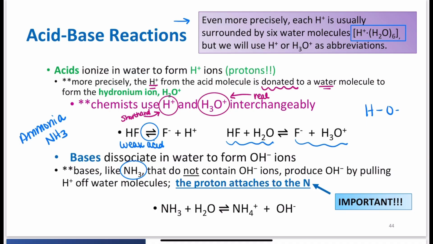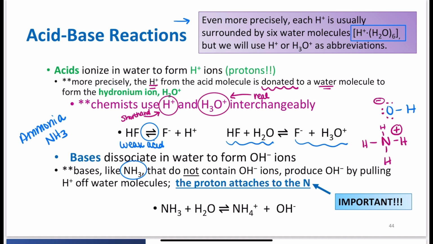So if you've got a water molecule and the ammonia comes along and it steals that proton, so now what it's got down here is the NH4. This species now has a plus charge to it because it just stole the proton. All that's left behind, the oxygen keeps the electrons, and what's left behind is a hydroxide ion.